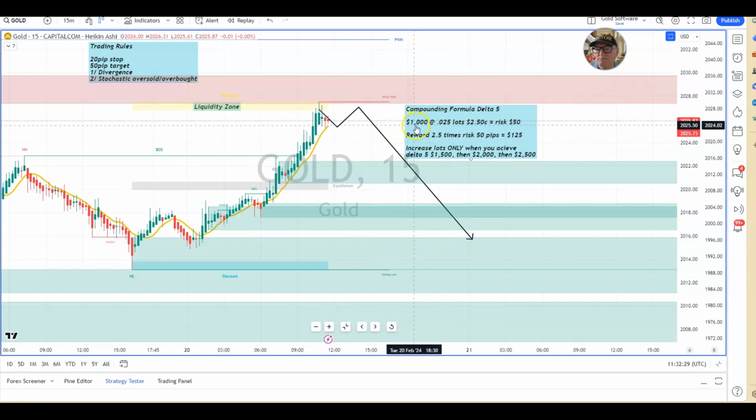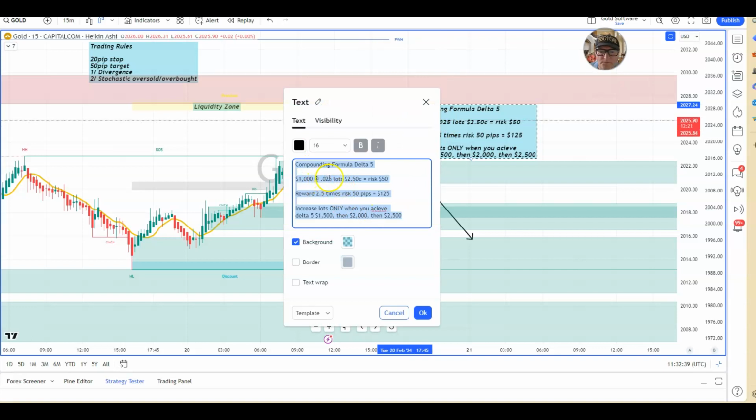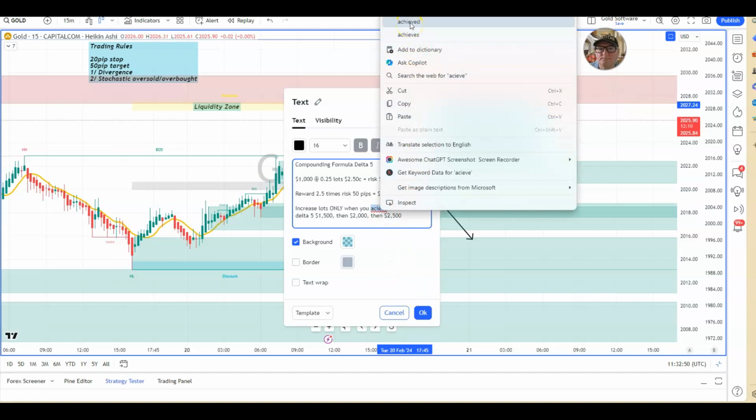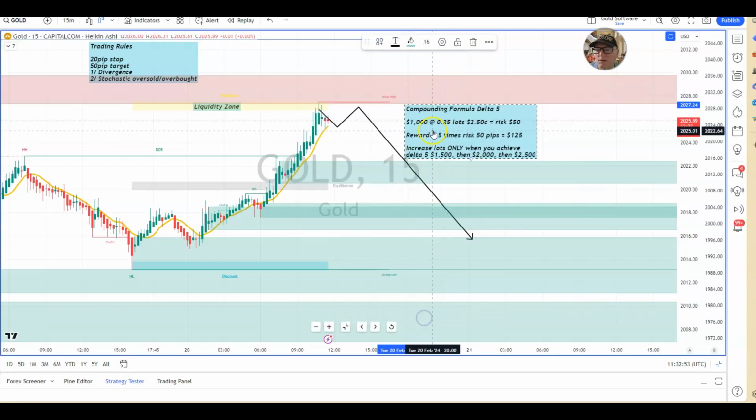So with $1,000, your lot size should be 0.25. Let me adjust that. Okay, so you're going to have 0.25 lot size in your position, which is $2.50 a pip. Or in other words, you're going to be risking $50 on $1,000.